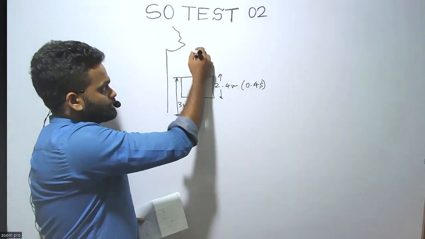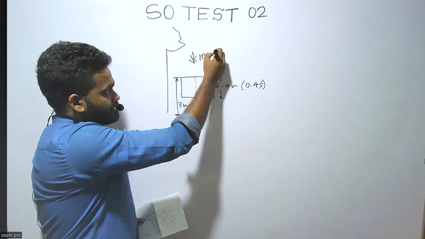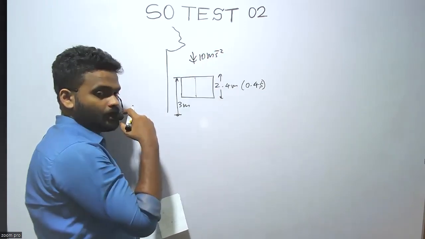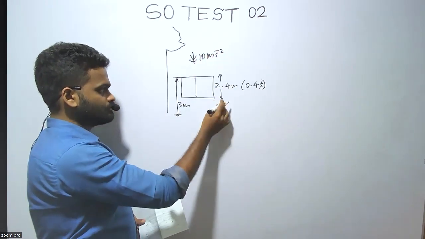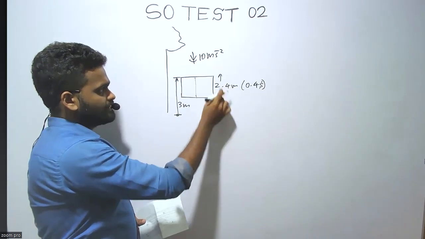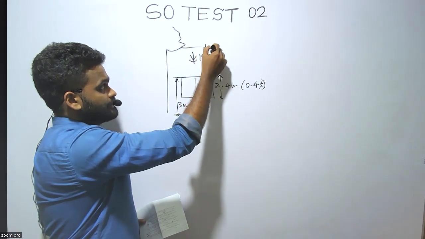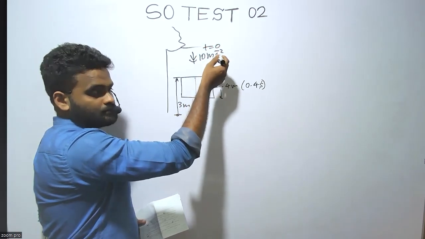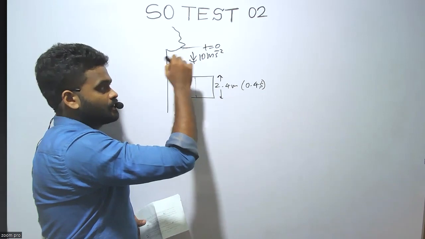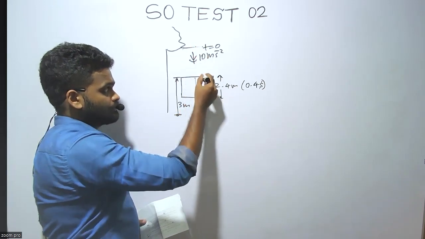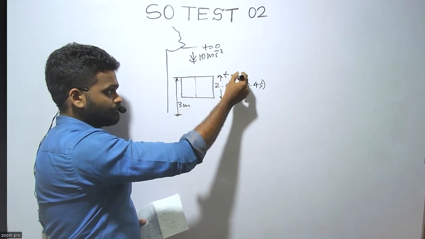we know that gravitational acceleration is 10 meters per square second downwards. Here t is 0, time is 0. That is where the mango was. For the mango to reach from here to here, let's say time is t.